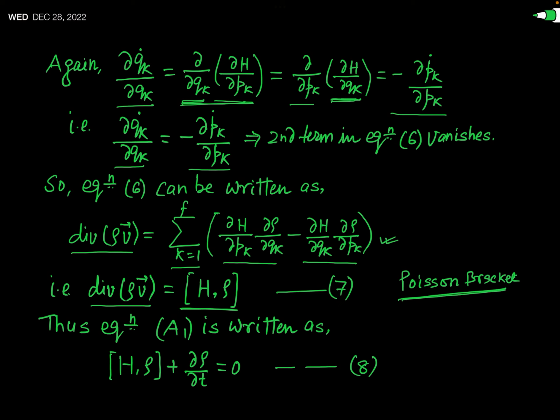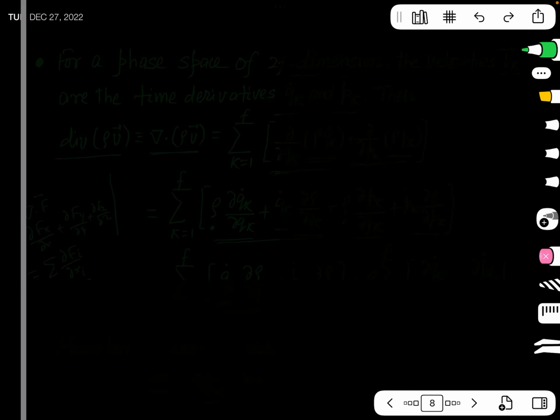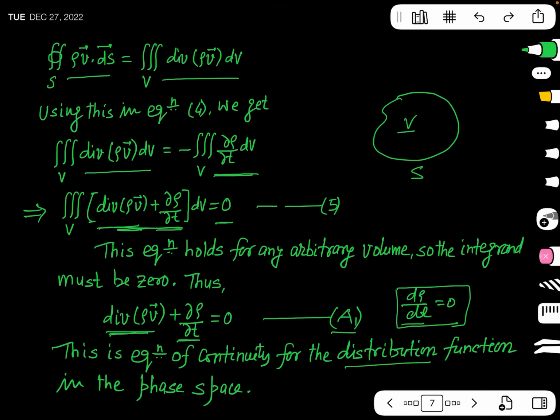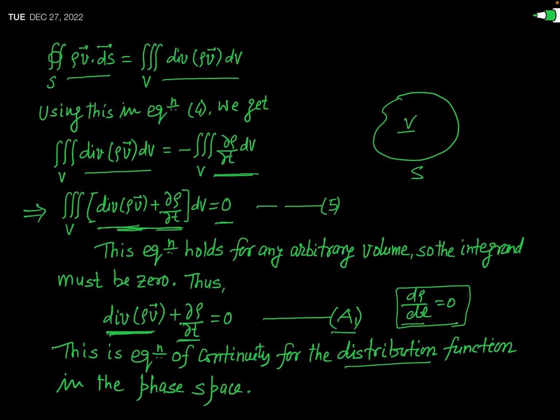Okay. And so the equation of continuity which we have obtained earlier, see here in equation A1, can now be written in terms of the Poisson bracket which we have obtained. You have seen that divergence of ρv is equal to the Poisson bracket of the Hamiltonian with the density distribution function.